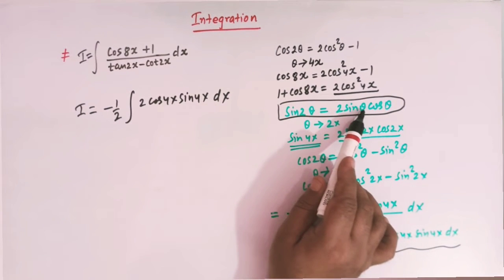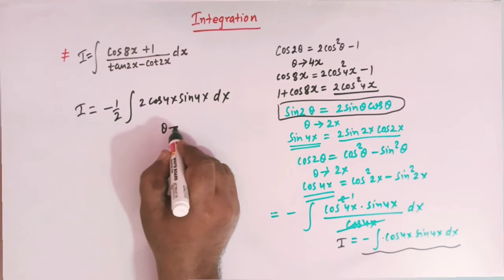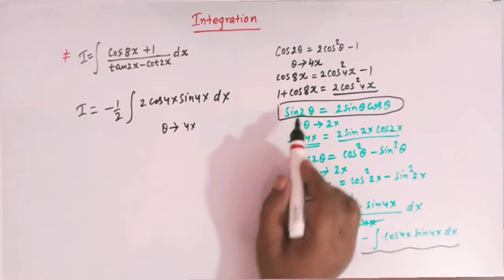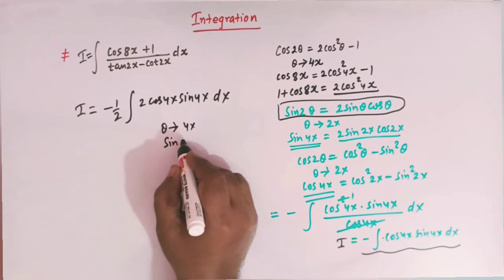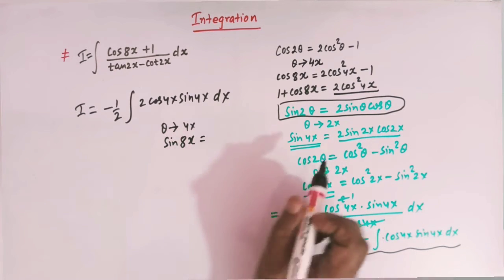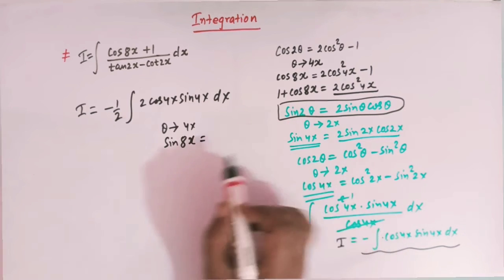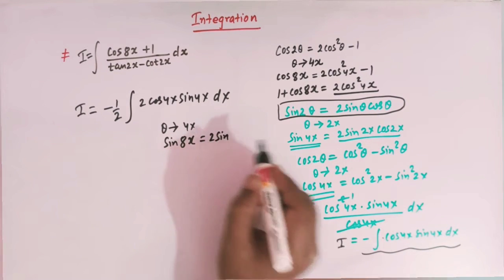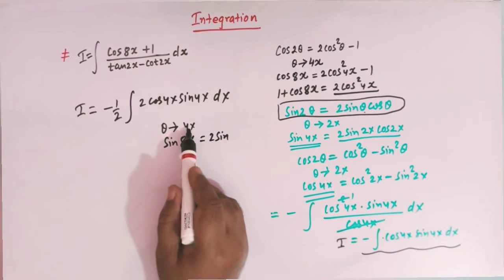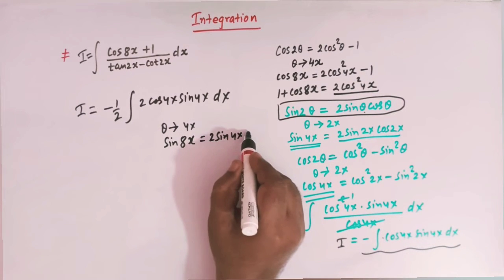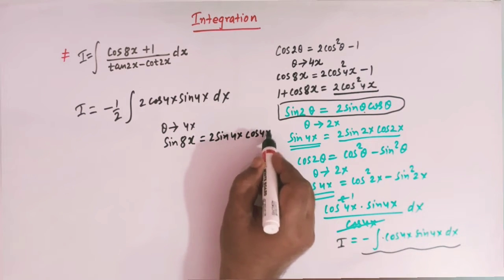If we replace θ by 4x, we get sin 8x is equal to 2 sin 4x cos 4x.